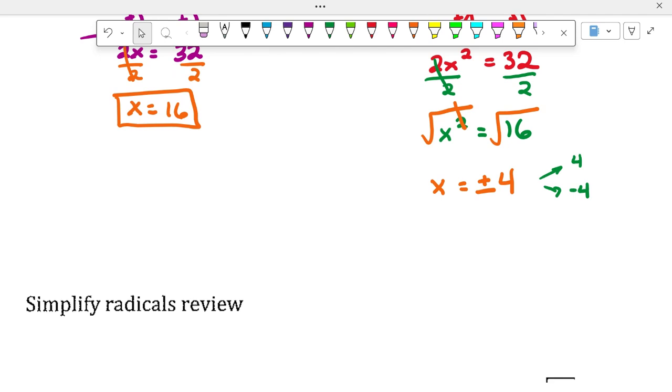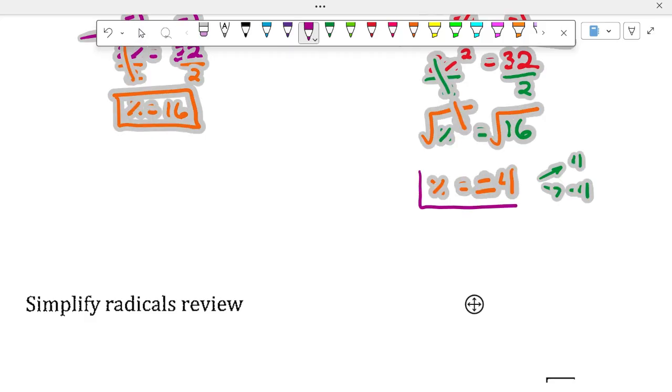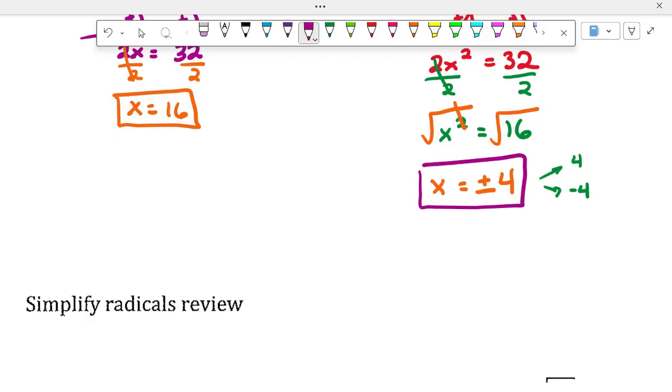So we put the plus or minus there because we don't know which one they want. Either one will work. So remember, if you ever take a square root at any point to solve, you got to put the plus or minus in front of it. Does everyone understand that? So x equals plus or minus 4 is my answer.